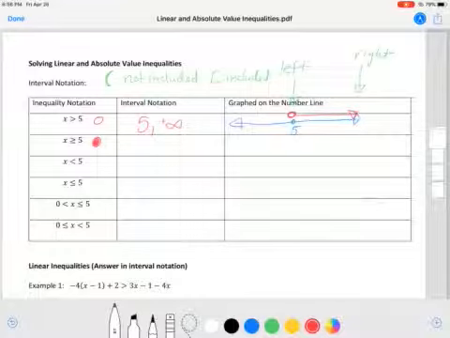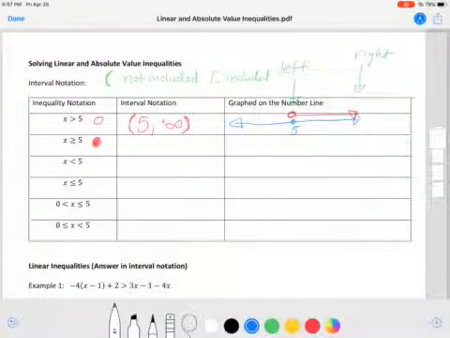Now, because I don't want to include that 5, it doesn't have the little equal sign under there, and I didn't fill it in with the dot, I'm going to use parentheses for the 5 to indicate that I'm not including, and we never use bracket for infinity. We always use parentheses because infinity is not a number that we can include as a value, but it's more of a concept that something goes on forever in a particular direction.